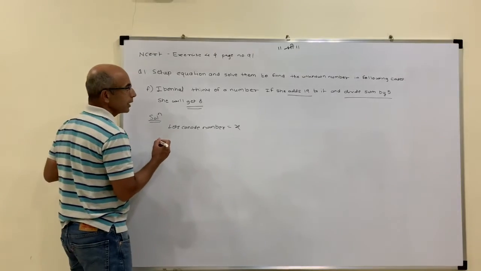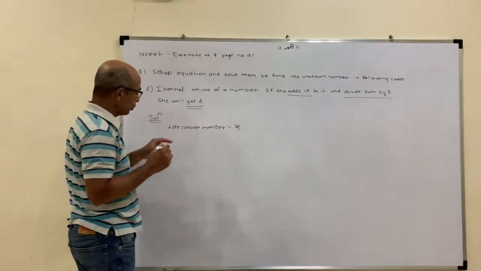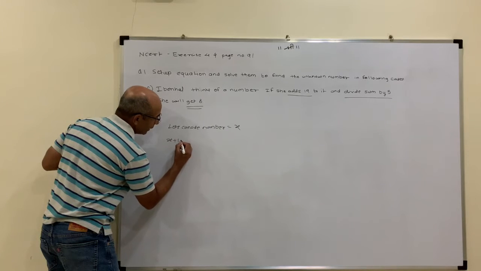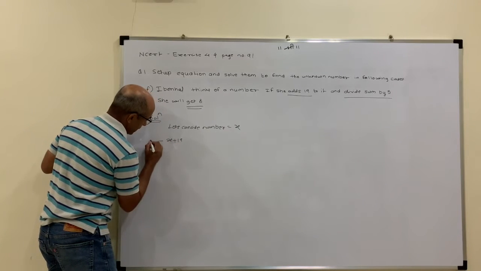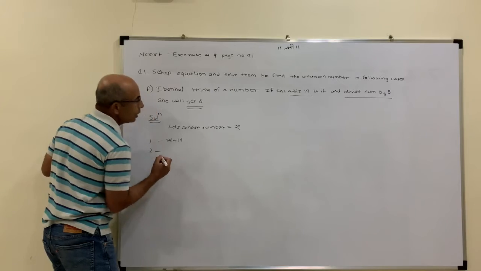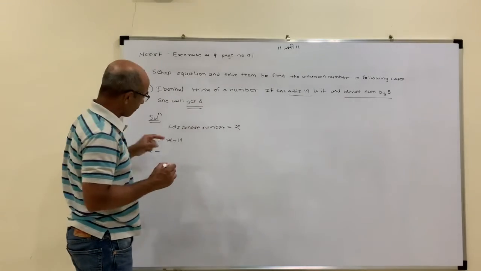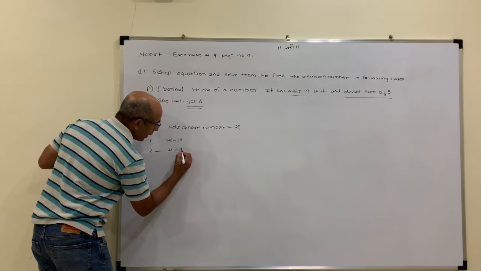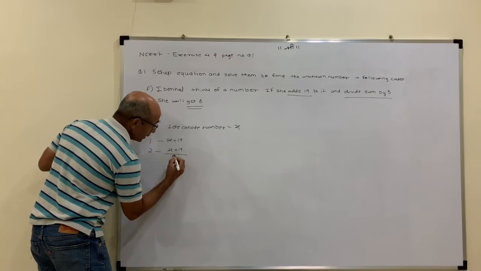So now what do they say? Now we construct the equation. She adds 19 to it. So what does she do? x plus 19 is the first step. Step 2. She divides the sum by 5. So x plus 19 divided by 5. She divides the sum.